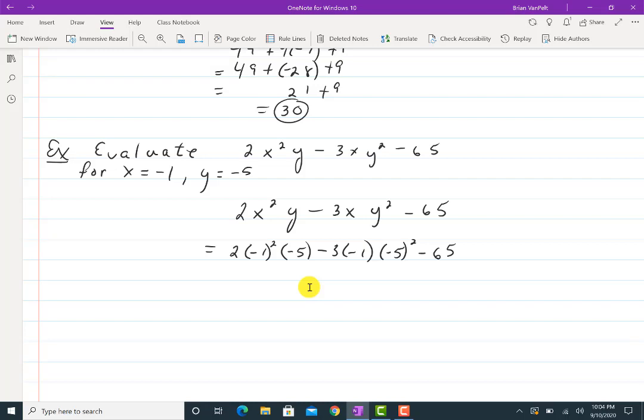All right, now let's take care of the exponents first. -1 to the second power is just equal to 1. -5 to the second power is positive 25.